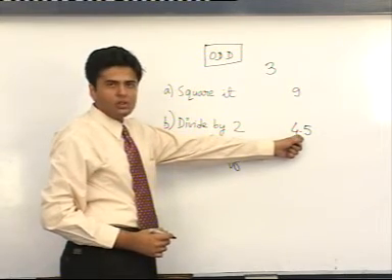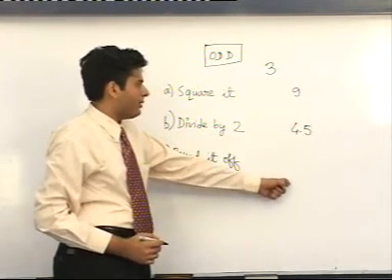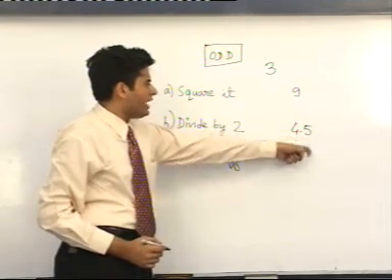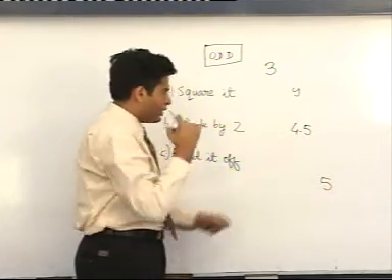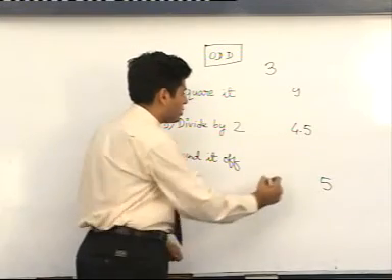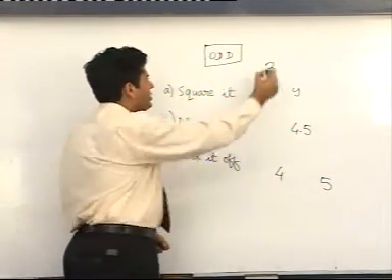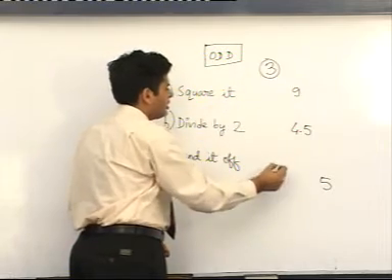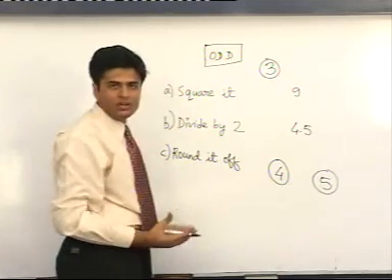So we will round this off to the next higher number and the next smaller number. So if you round 4.5 to the next bigger number, you have 5. And when you round off 4.5 to the next smaller number, you have 4. Now, these values 3, 4 and 5 are your triplet.